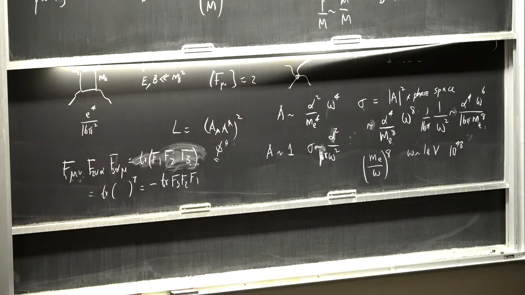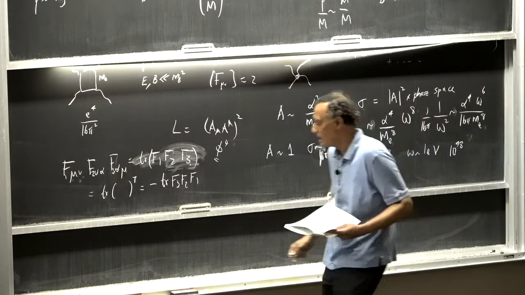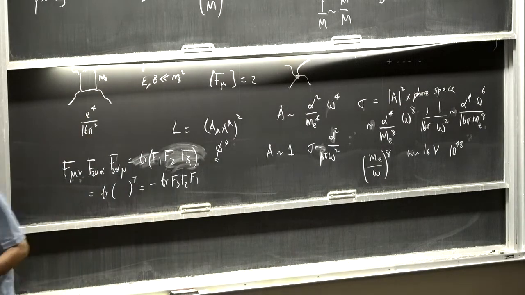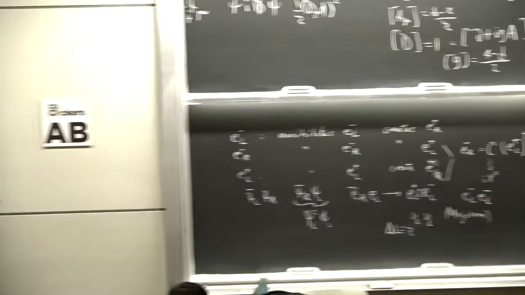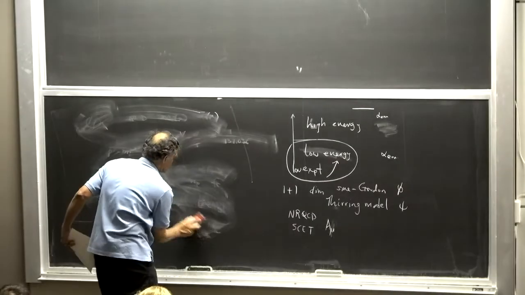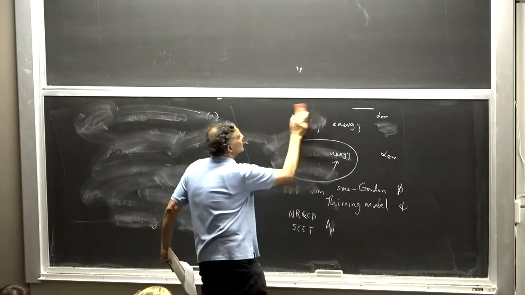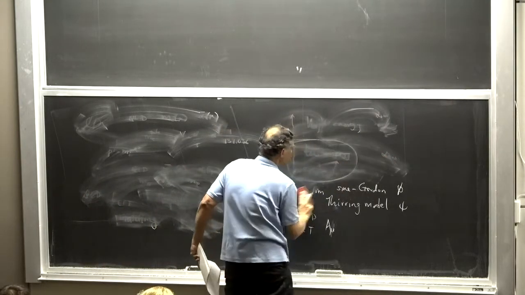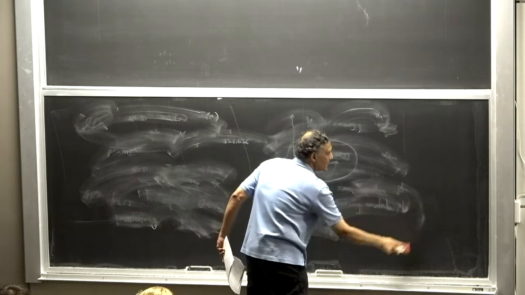And if I now compare with the exact answer, this is a case where it's all been worked out, and I think even the next order term has been worked out.